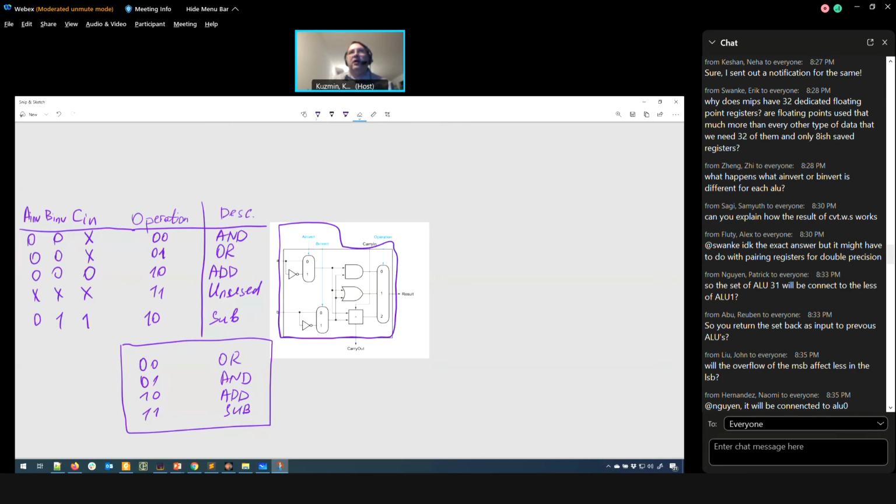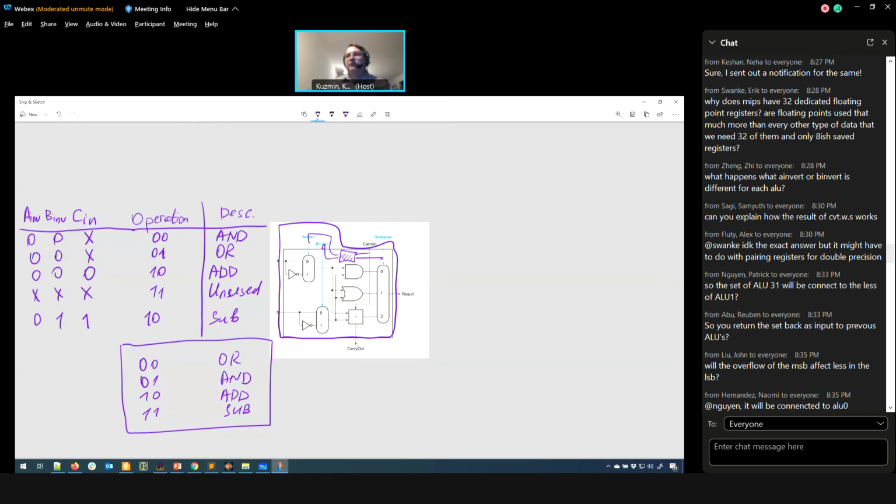We do not expose them to the outside, and we add some circuitry, like a black box, that takes operation and carry in and produces A invert and B invert internally, so that the user has this very nice interface. There are just 4 codes for 4 operations, and that's it. Everything is very straightforward, and you need to design this black box that produces A invert and B invert appropriately according to the code of the operation.